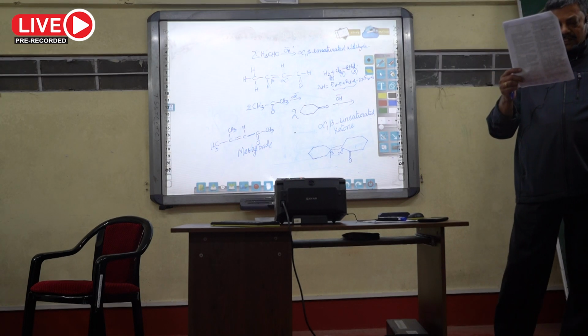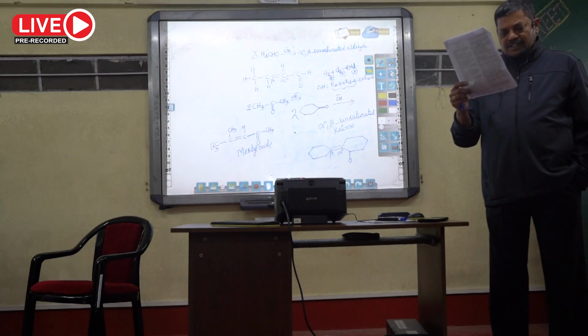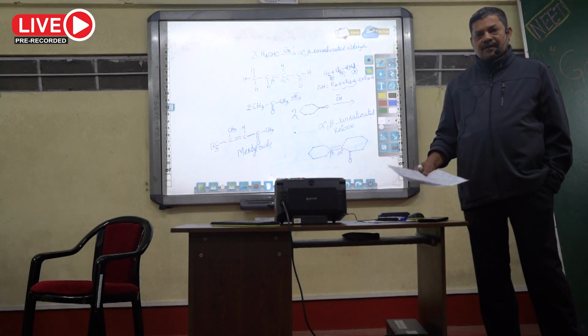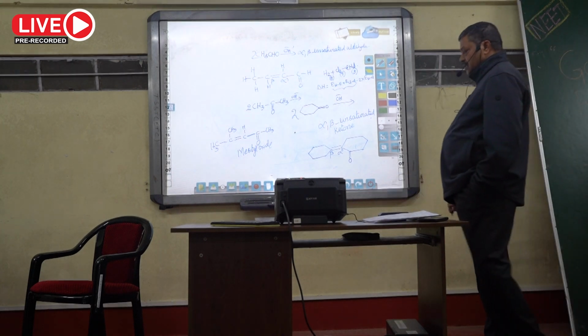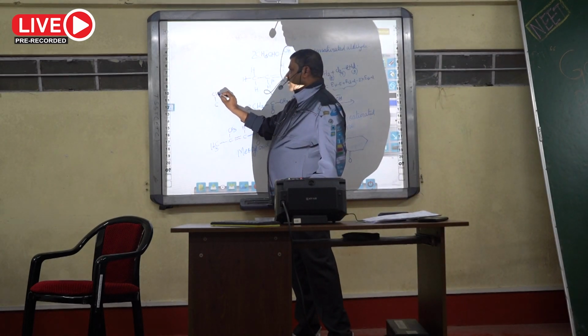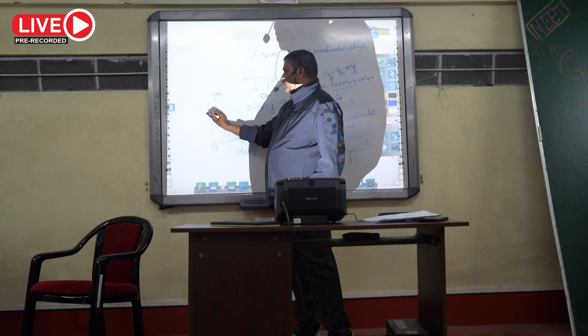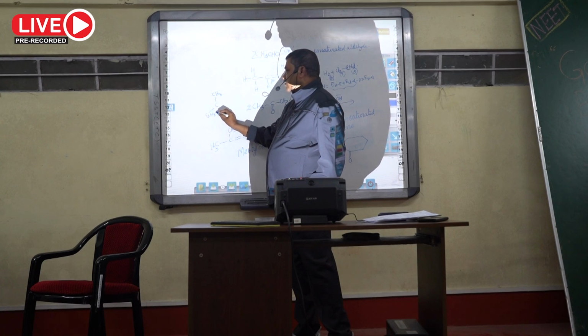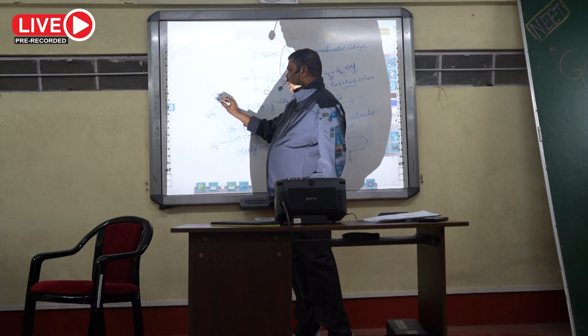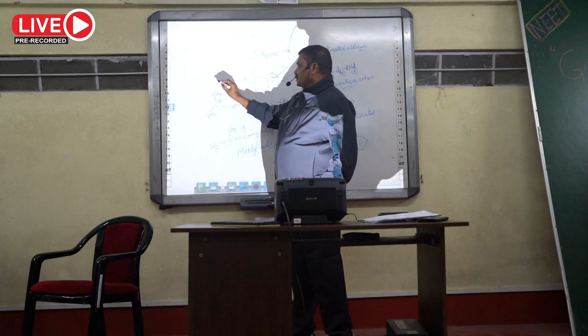After that, assertion and reason: in SN1 reaction, inversion is more than retention, correct? Because in SN1, a planar carbocation will be formed. A planar carbocation is formed in SN1.